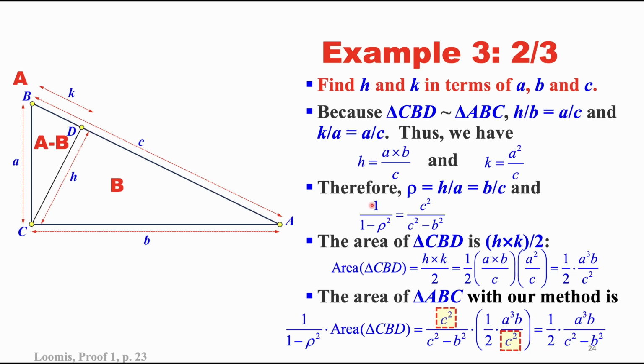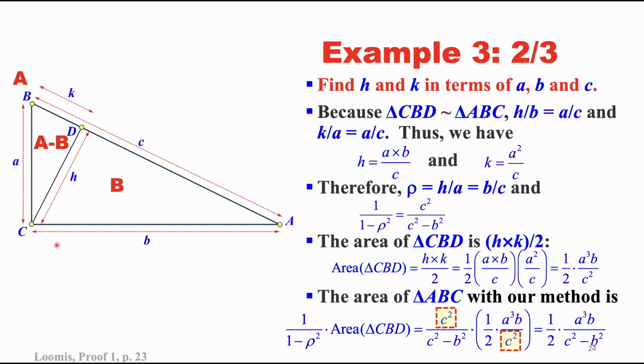As a result, 1 over 1 minus rho squared is this. The area of CBD is h times k divided by 2. So area CBD is this. Plug in the value of h, the value of k, we have this.